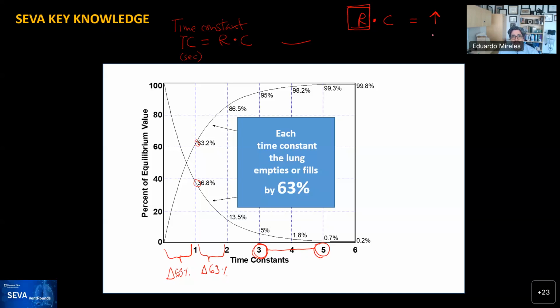So as you see that the time to reach baseline is prolonged, that means that the time constant is prolonged, which means that the resistance is increased.